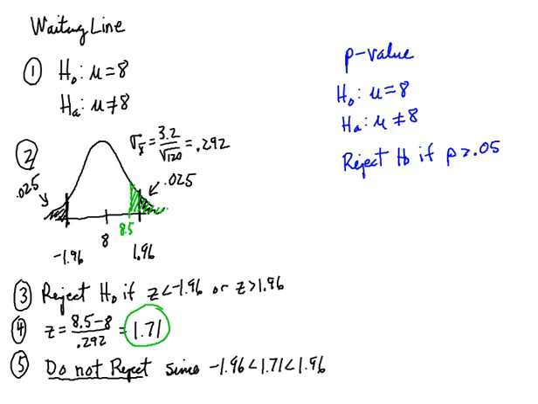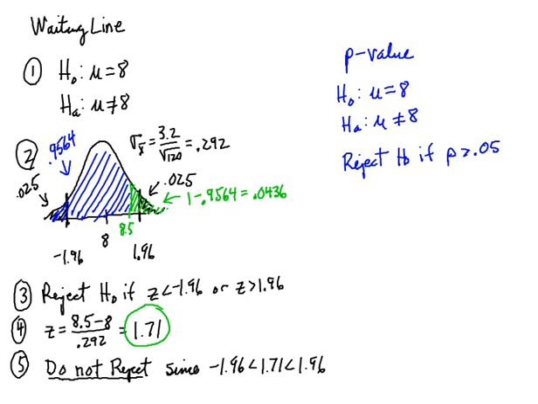And when I do, notice that the table again always reads to the left. So when I look that 1.71 up, I get a 0.9564. But the area that I want is the upper end of that, so I'm going to have to subtract that 0.9564 from 1.